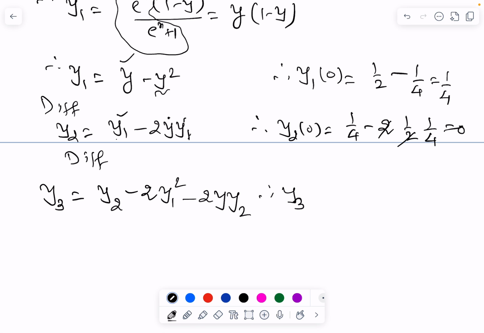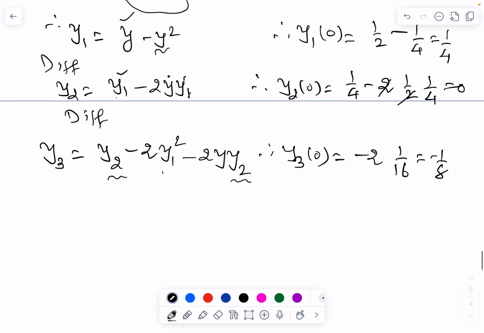So y3 at 0 is equal to y2 at 0, that is 0, minus 2, y1 at 0 and its square. Y1 at 0 is 1 by 4, and its square is 1 by 16. And here also we'll have y2 at 0, which is 0. So this is minus 1 by 8.